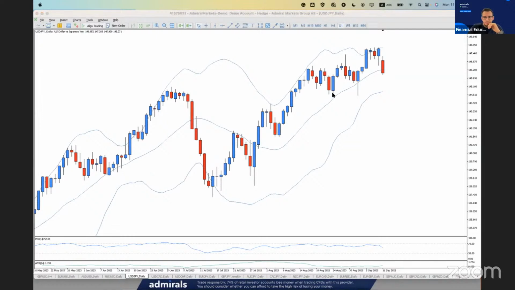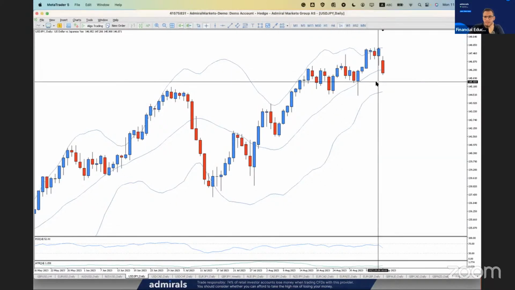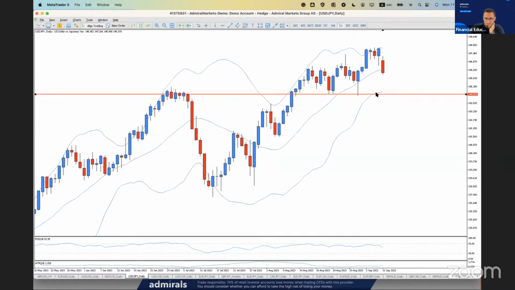So we have to find some areas of support likely for the market to bounce to the upside. For me, this area here is the strongest.